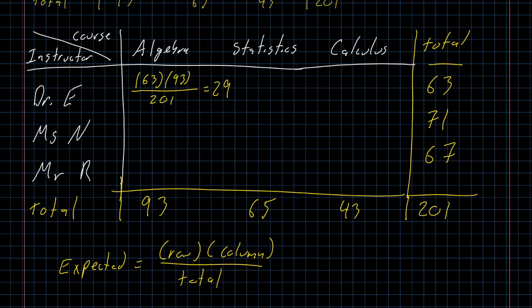And I'm going to kind of go diagonal to show off all of the different things that we're going to be looking at value-wise. Ms. N, there were 71 students who took Ms. N. There were 93 students who took algebra. Multiply those together, divide by 201 total students in the survey.